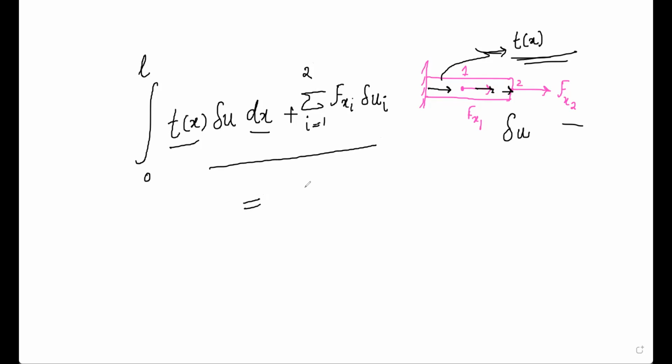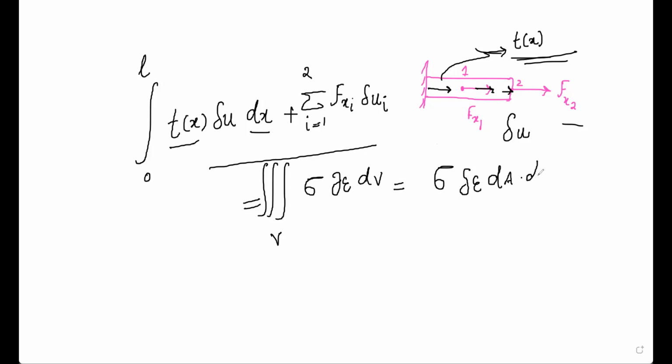This has to be equal to the work done by the internal forces, that is the stresses sigma, and let's suppose the virtual strain is delta E, and dV. This is the virtual work done by the internal forces. We can modify this as sigma multiplied by the virtual strain multiplied by dV, that is dA into dx.